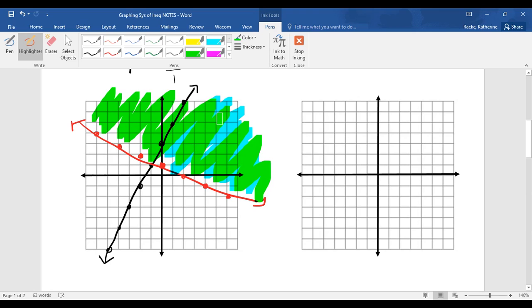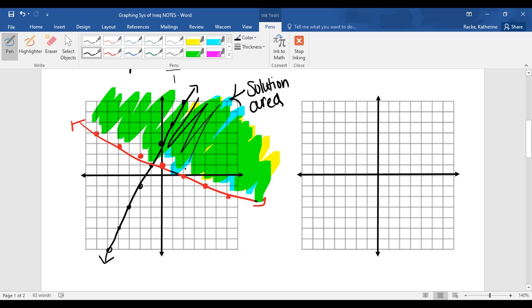So where they both intersect, which is this area right here where they're both colored, that is our possible solution area. So any point within this shaded region here can be an answer.